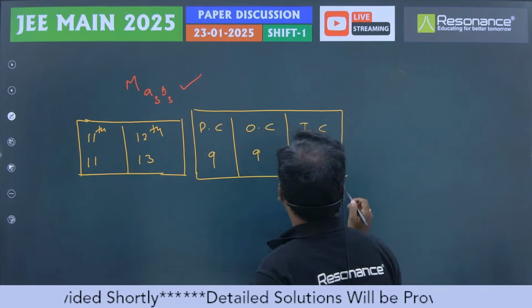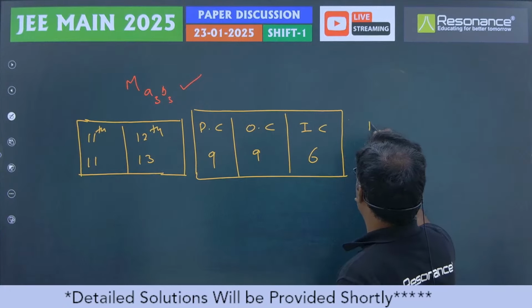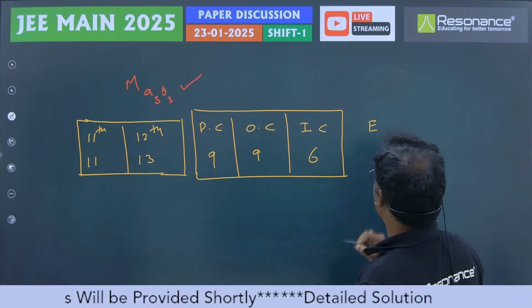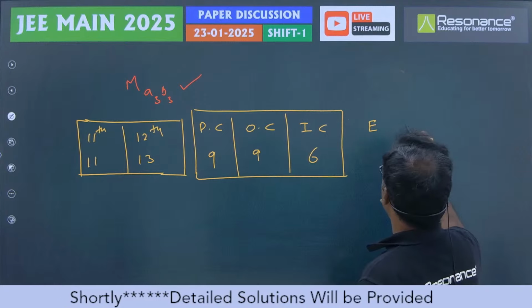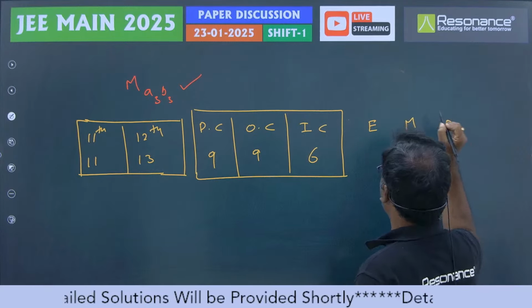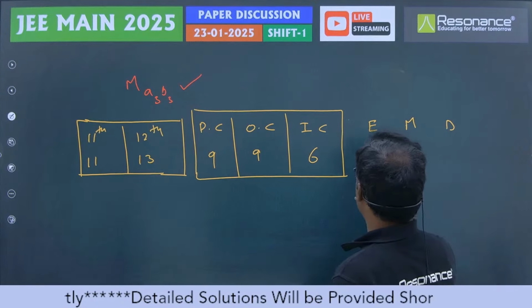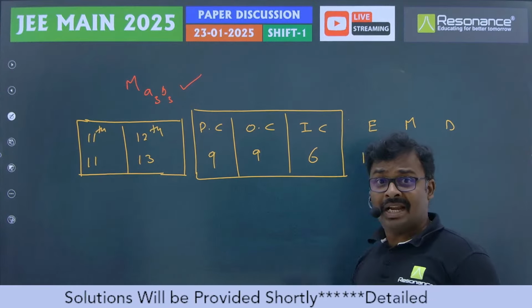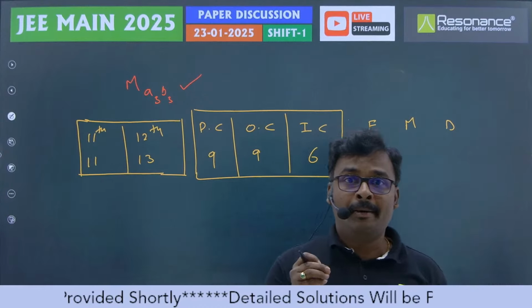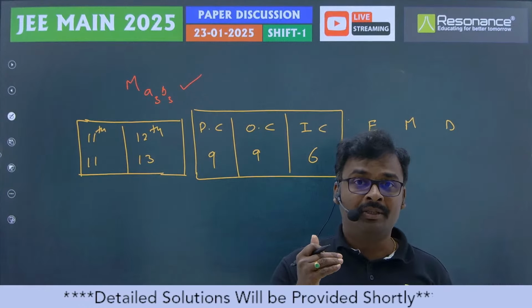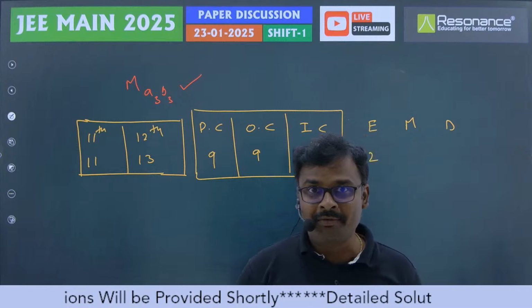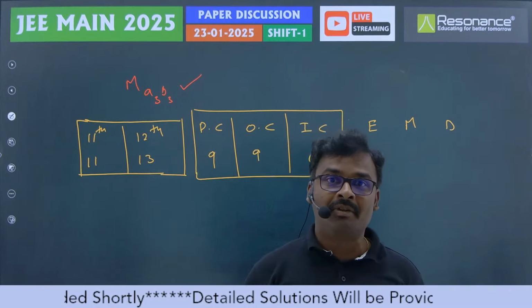Then the next classification was how many questions came from easy, how many from medium, and how many from difficult level. We did this classification based upon the level of knowledge the student will have on average.